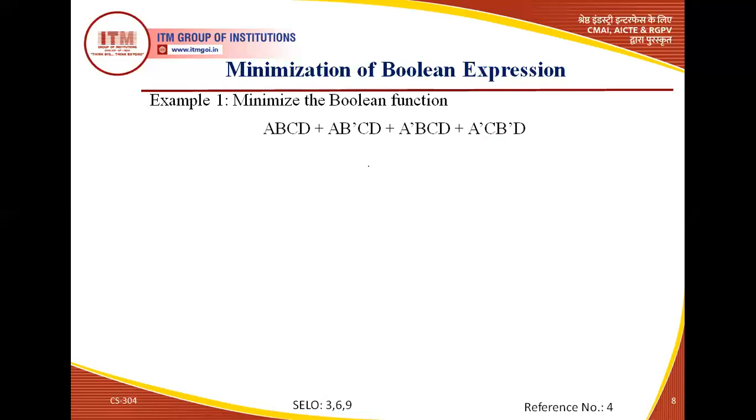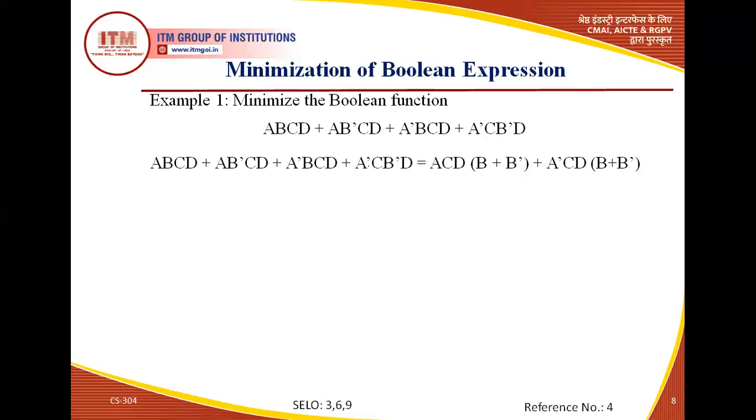Okay. So for minimizing the given Boolean function, we can take ACD from the first and second terms as common, and from the third and fourth terms we can take A dash CD as common.